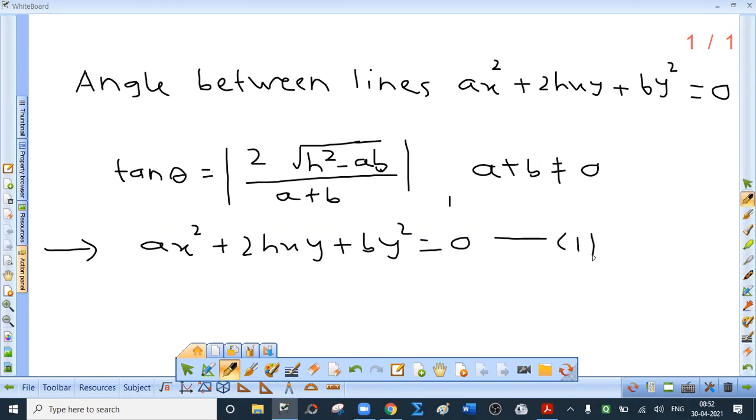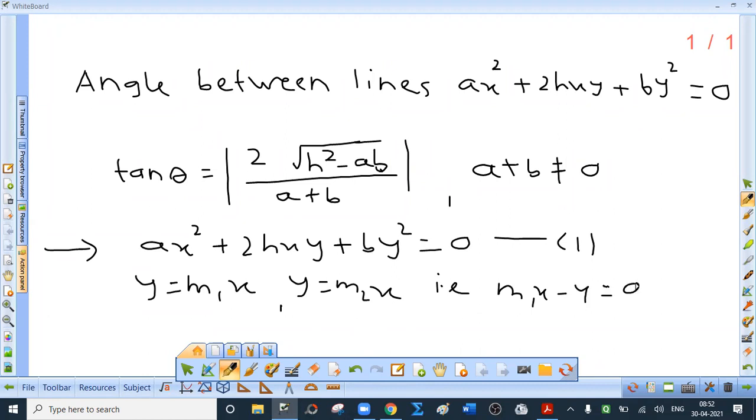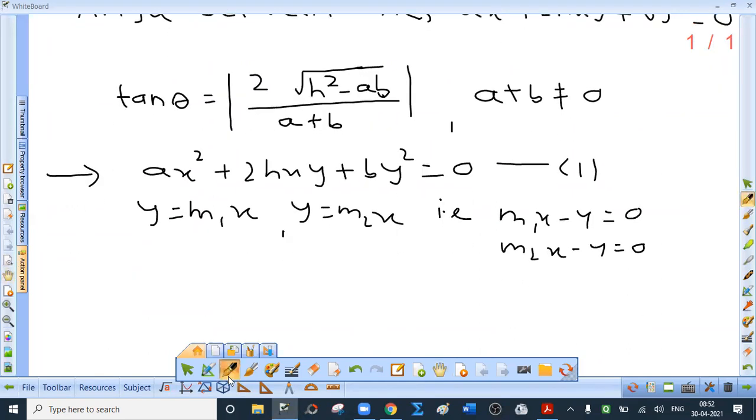Now, if m1, m2 are the slopes, as the lines pass through the origin, they must be y = m1x and y = m2x. That is m1x - y = 0 and m2x - y = 0, right? Now what will be their joint equation?